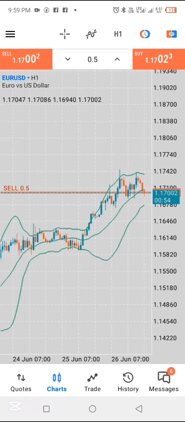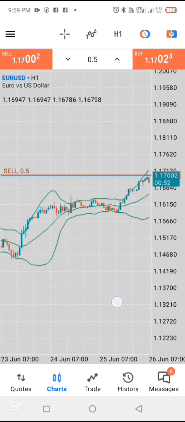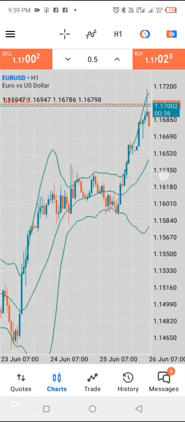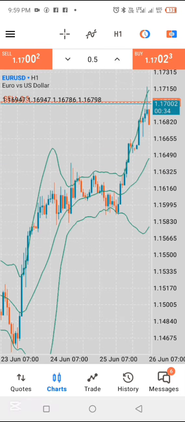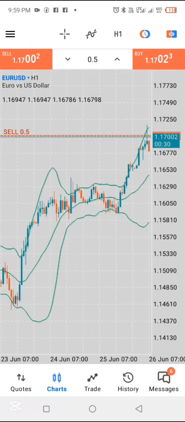What you need to watch out for during this squeezing is opportunities. If after or during the squeezing the market comes to the lower band, you have to observe for buy opportunities. You don't just enter a buy order because it touched the lower band. No, you have to look.